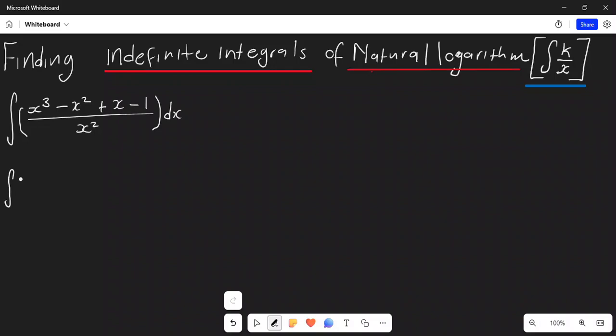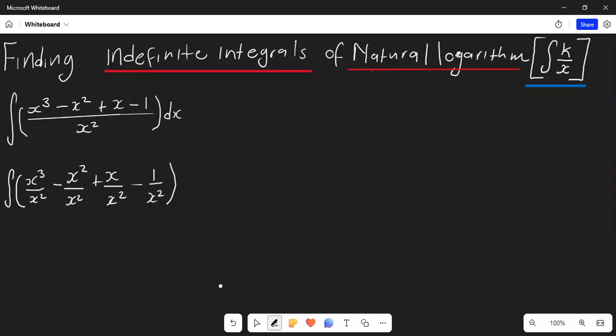You can rewrite it: we have x to the power of 3 divided by x squared, minus x squared divided by x squared, plus x divided by x squared, and then minus 1 divided by x squared. That's the last one there.